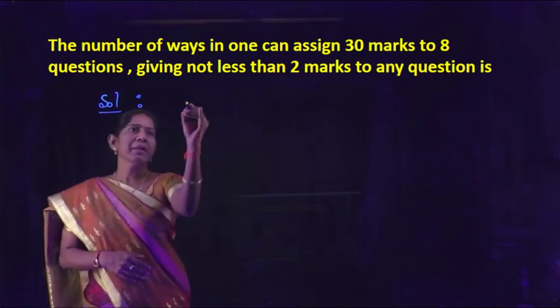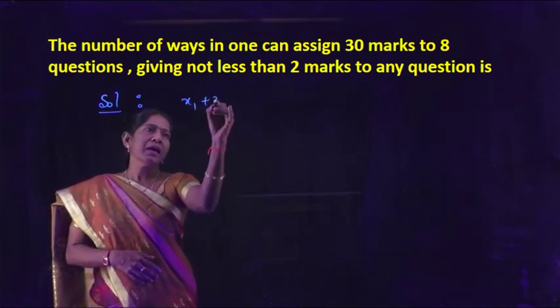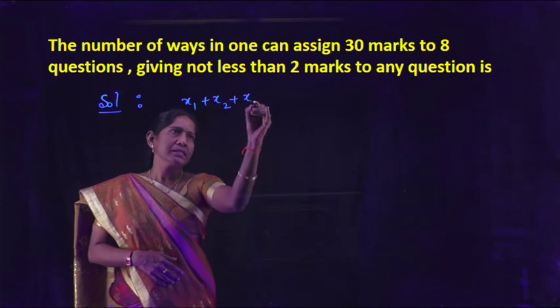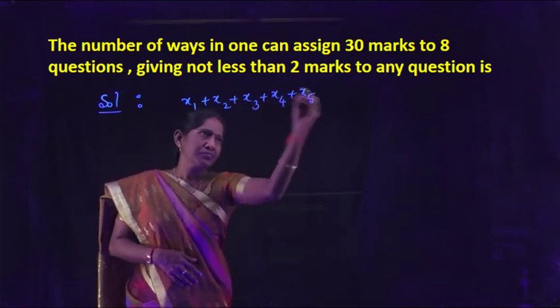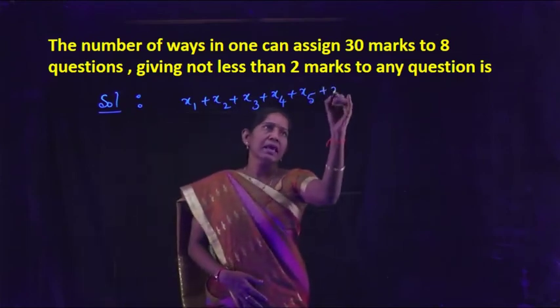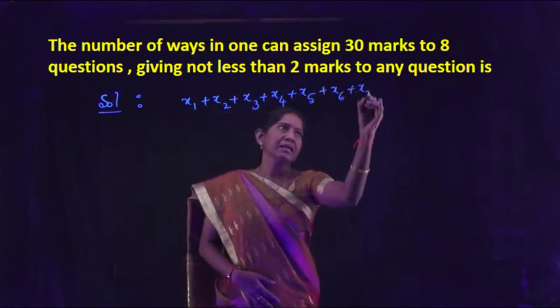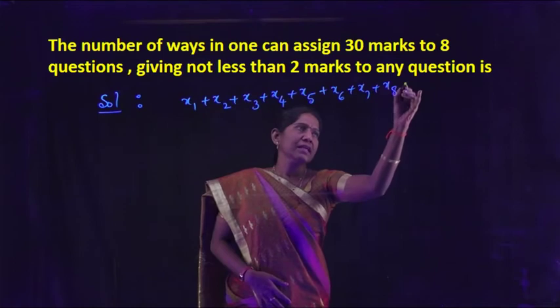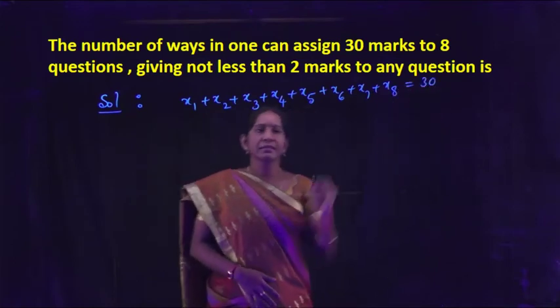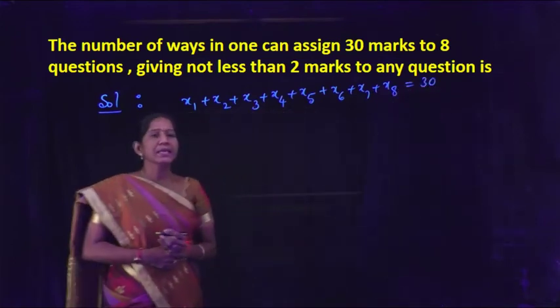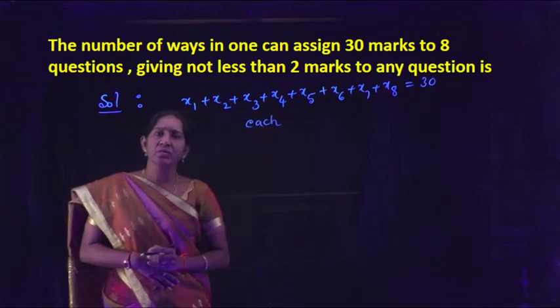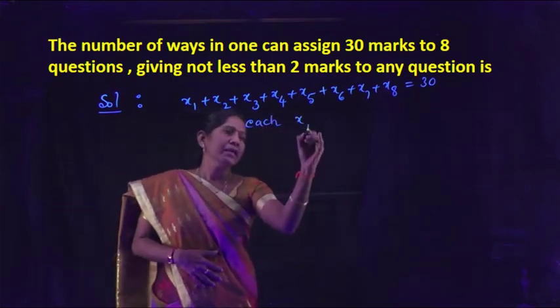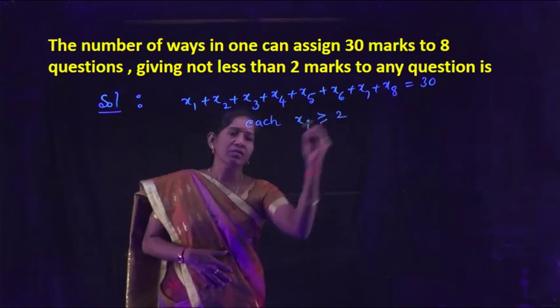That is denoted like this: x1 plus x2 plus x3 plus x4 plus x5 plus x6 plus x7 plus x8 equal to 30. That is given here. Each giving not less than 2 marks for any question, that is denoted by each xi greater than or equal to 2.